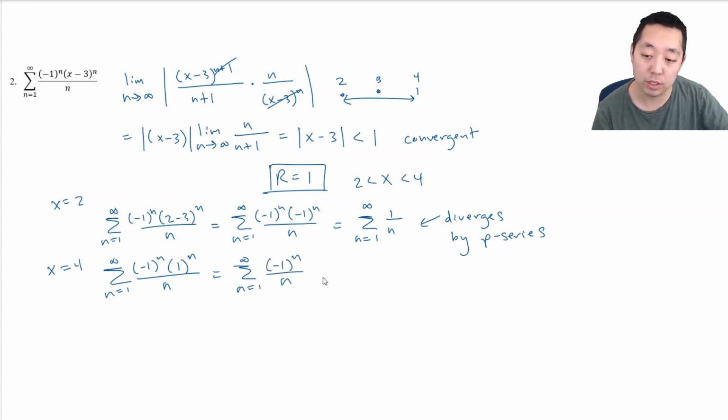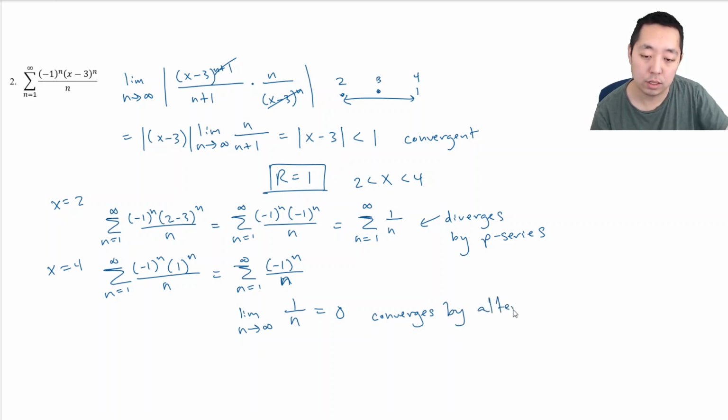Now this is an alternating series, and the way you do the alternating series test to see if it converges is you take the limit as n goes to infinity of just the term without the -1, the absolute value of this, and this equals 0. So this converges by the alternating series test. So we know that for x equals 4, it converges.